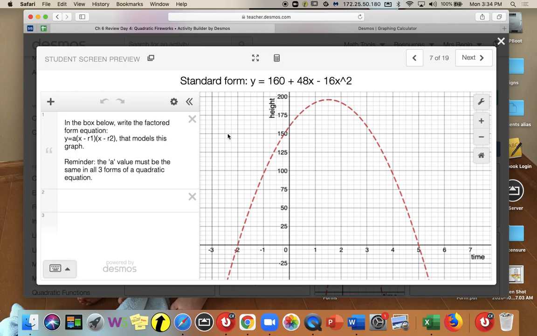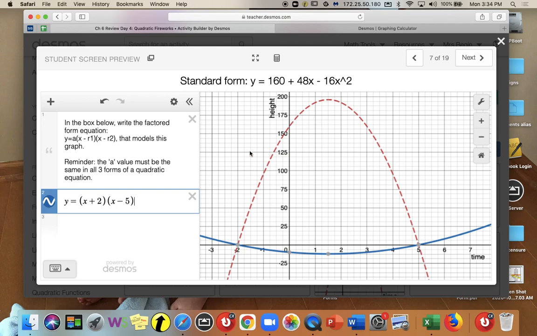Okay, so now it says, can you write this equation in factored form? Factored form, review of that. Here are our factors, and it's going to be the opposite, but we need the a value. So y equals, do we know the a value? I know it's going to be x, the opposite of -2 is positive 2, and then x minus 5.